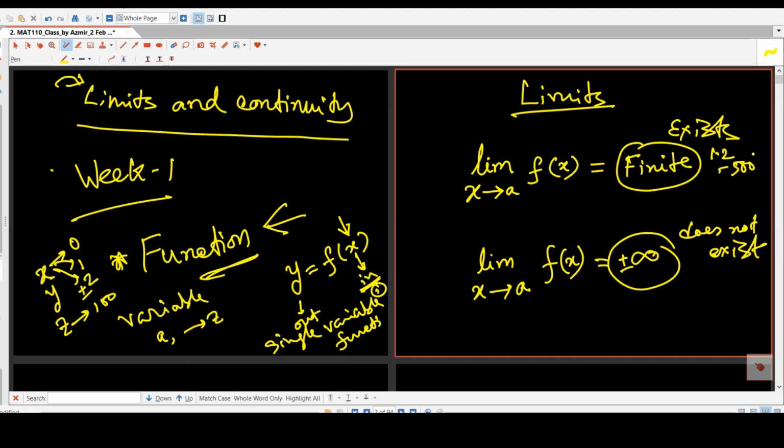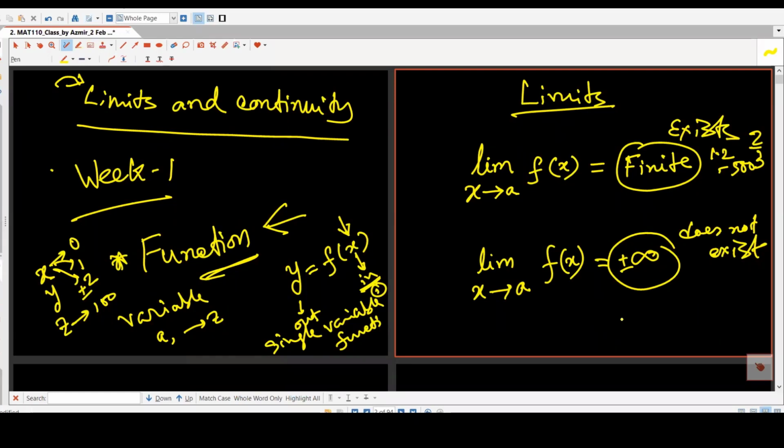It can be 2 by 3, anything. So if the limit is finite, then we can say that the limit of that function exists. But if we get plus infinity or minus infinity, that means the limit is actually infinity. So we can say that the limit does not exist.